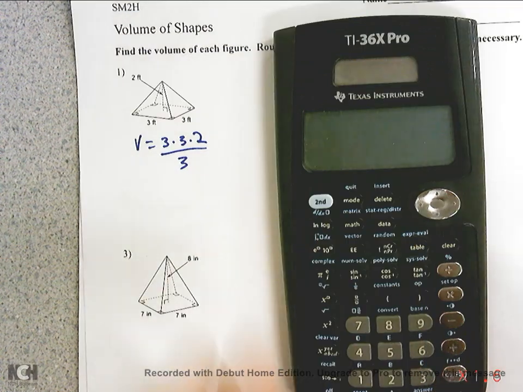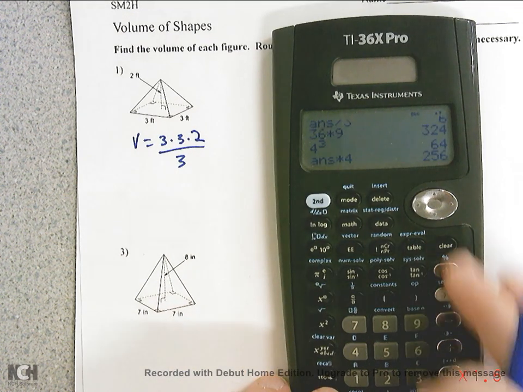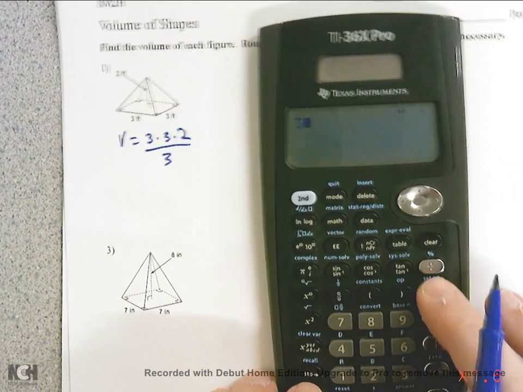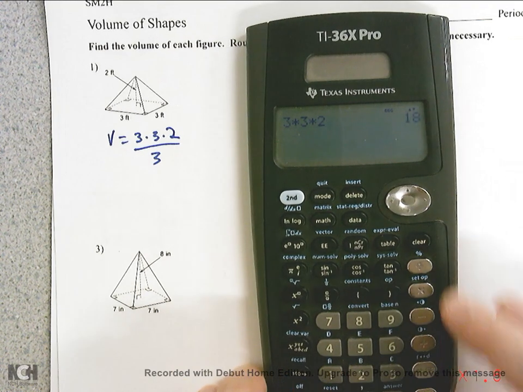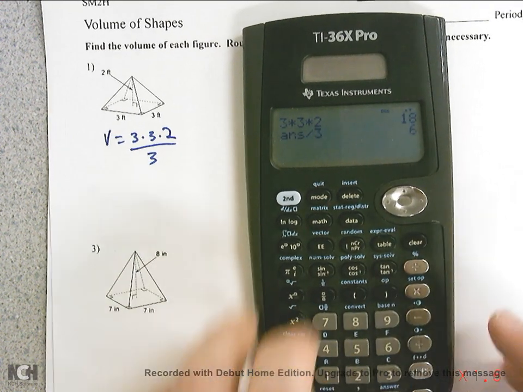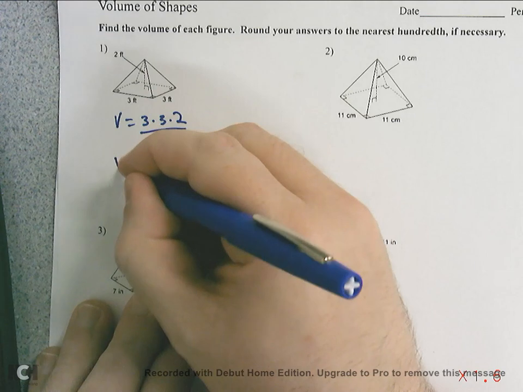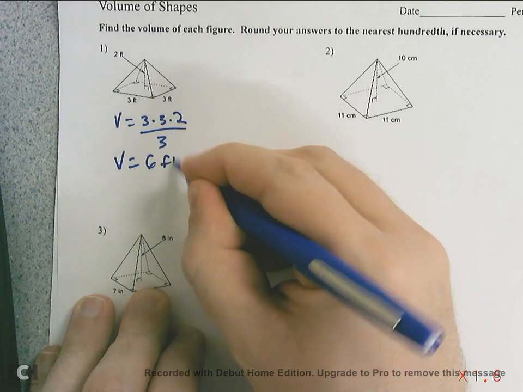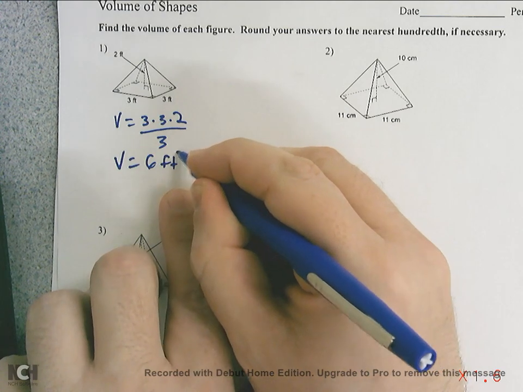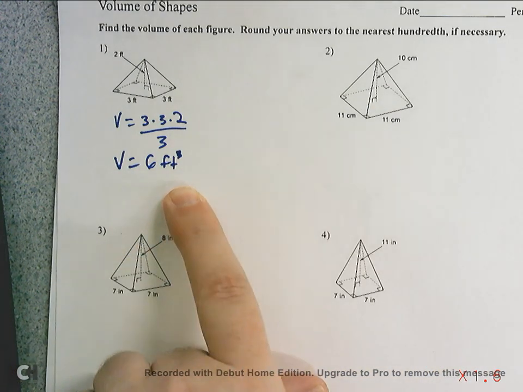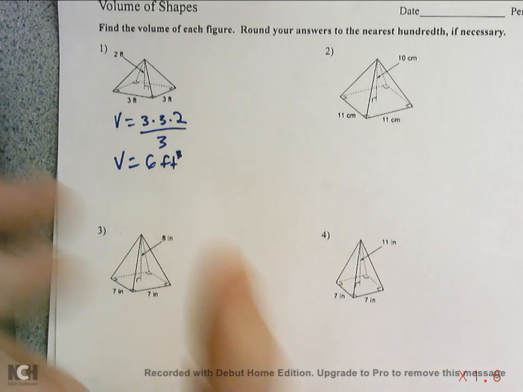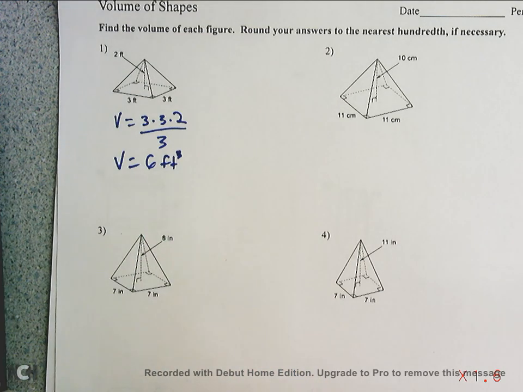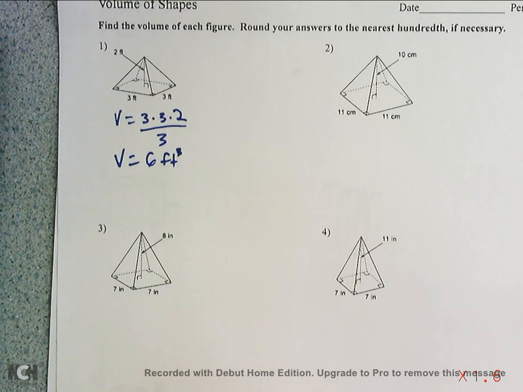Plug that into our handy-dandy calculator: 3 times 3 times 2, divided by 3, is 6. So volume equals 6, and the unit of measurement is feet. Since this is volume, it's feet cubed. It's cubic feet, that's 3-dimensional space.